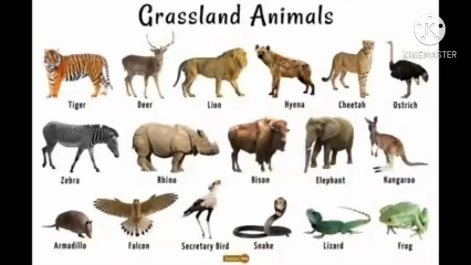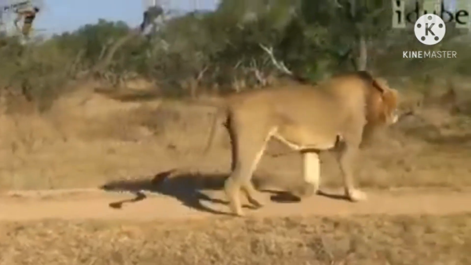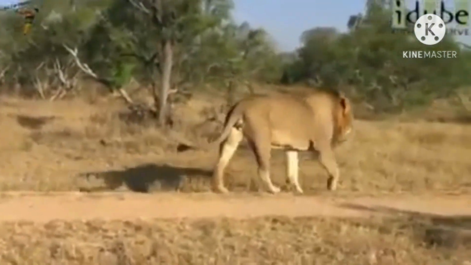Then next is grassland. A wide variety of animals are present in grassland. Let us consider two animals from this, lion and deer. Lion is a strong animal that can hunt and kill animals like deer. Lions have long claws in their front legs that can be withdrawn inside the toes.